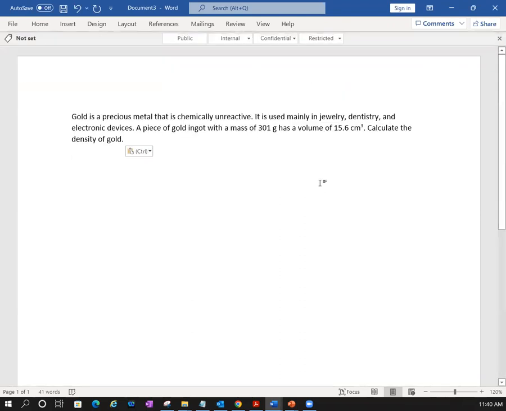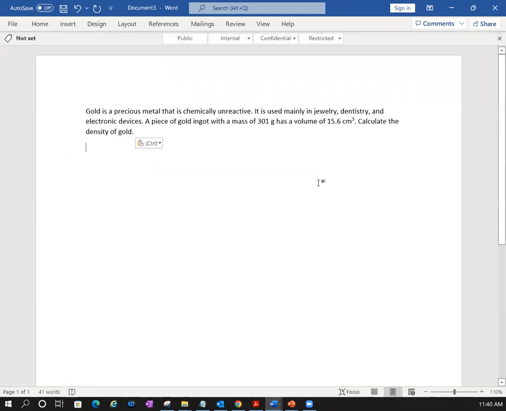So, basahin natin. Gold is a precious metal that is chemically unreactive. It is used mainly in jewelry, dentistry, and electronic devices. A piece of gold ingot with a mass of 301 gram has a volume of 15.6 cubic centimeter. So, calculate the density of the gold.